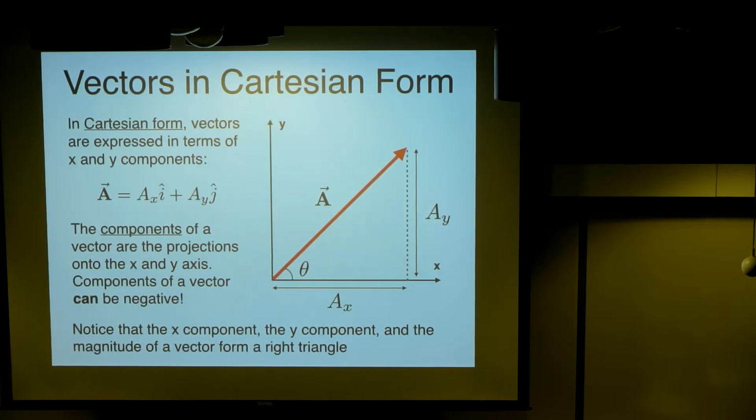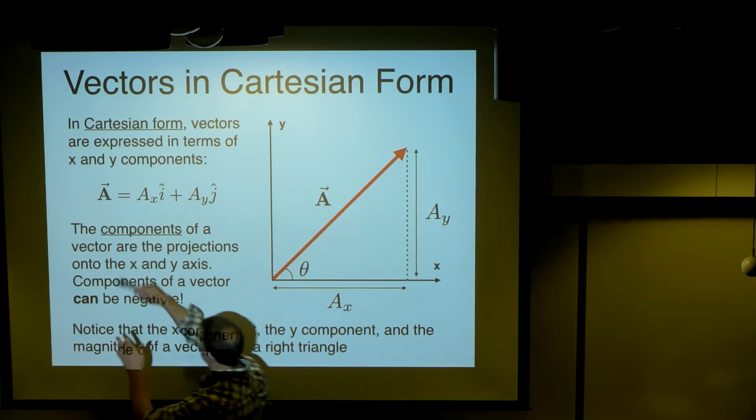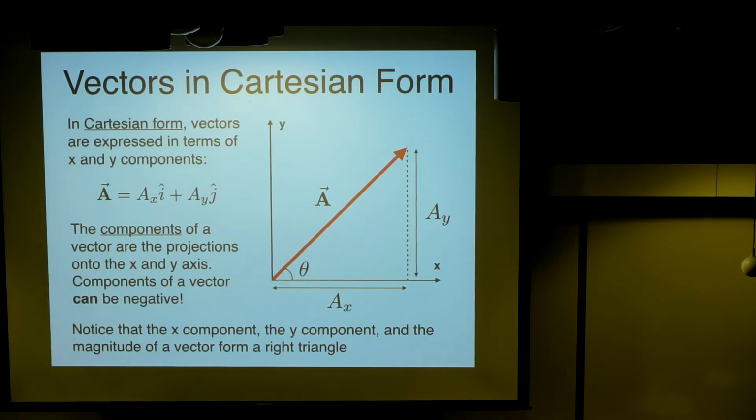With those unit vectors, we can now talk about the other way of representing a vector. So we did polar form. Remember, that's magnitude plus direction. Now we have something called Cartesian form, which is defined in terms of x and y components. So let's first give the general format for writing a vector in Cartesian form, and then let's explain what this actually means.